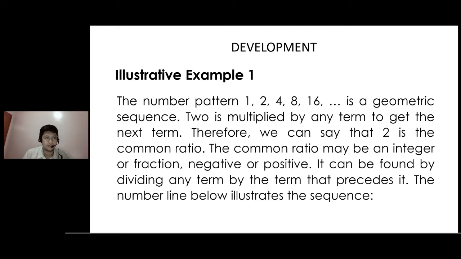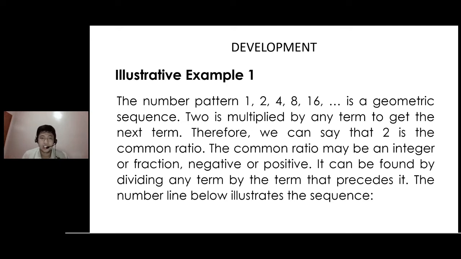Let's have an illustrative example. For illustrative example number 1, the number pattern 1, 2, 4, 8, 16 is a geometric sequence. 2 is multiplied by any term to get the next term, if you look at the pattern.